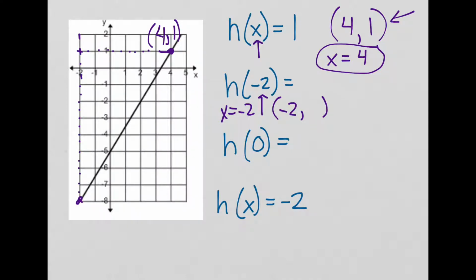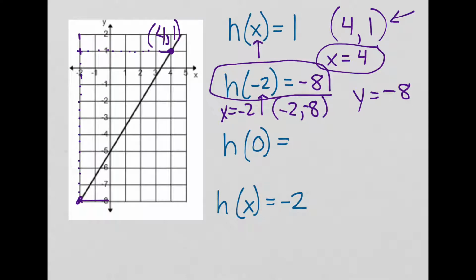It's right there. What is the y value? It's negative 8, my bad. So you can just say it equals negative 8, because this is the function notation we're looking for. I probably wouldn't mark it wrong if you said y equals negative 8, but you're making more work for yourself because I already have written down h of negative 2. You can just write that it equals negative 8.